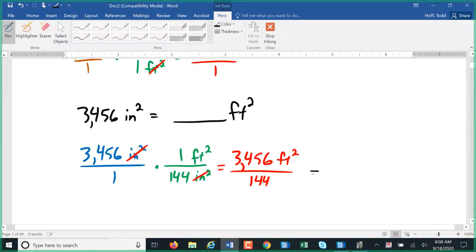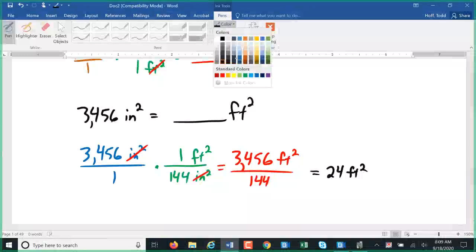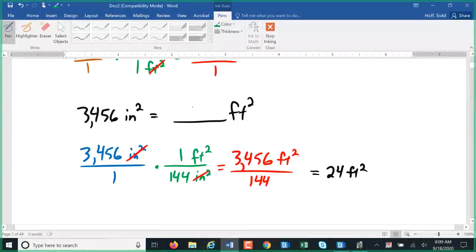And now we have to divide that out. I believe that comes out to 24 square feet. 3,456 divided by 144 is 24 square feet. So 3,456 square inches is only 24 square feet. So you can see those numbers seem way different size.